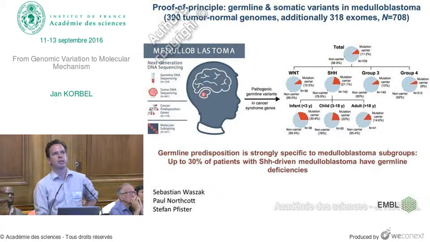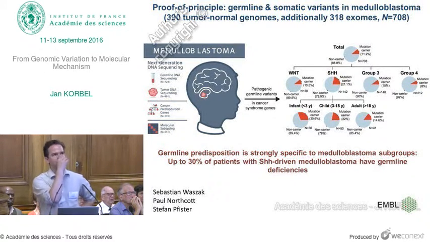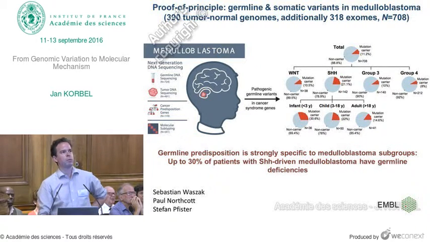Up to 30% of patients with a certain subtype of medulloblastoma have germline deficiencies in high-risk genes. Based on this finding, which is largely from a postdoc in my group, Sebastian Waszak, we're now suggesting new clinical care paths in medulloblastoma after subtyping and age matching.